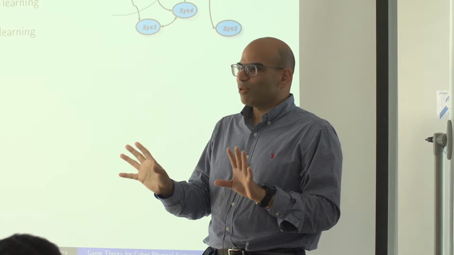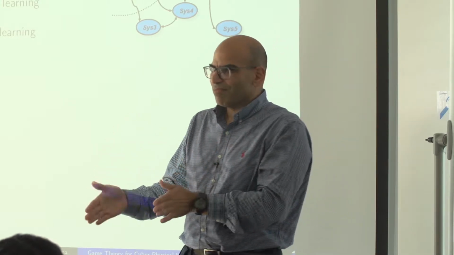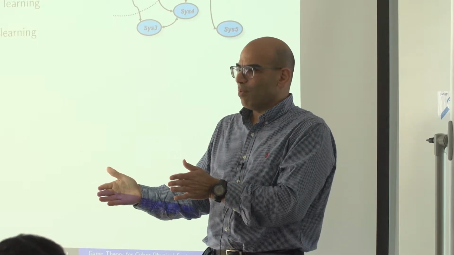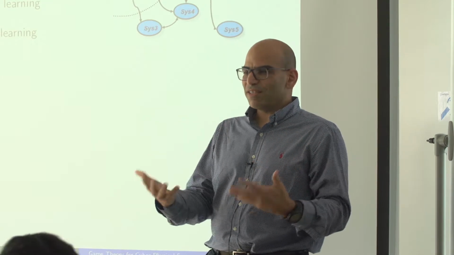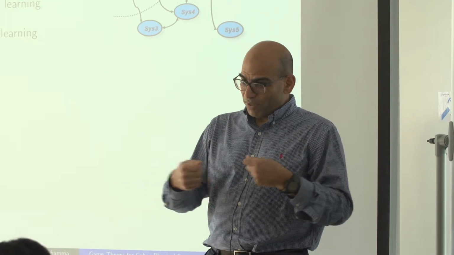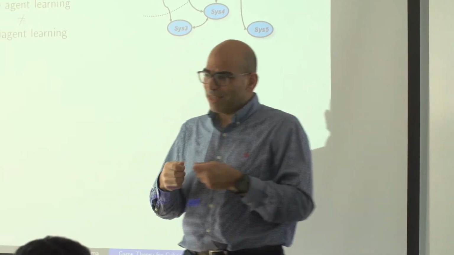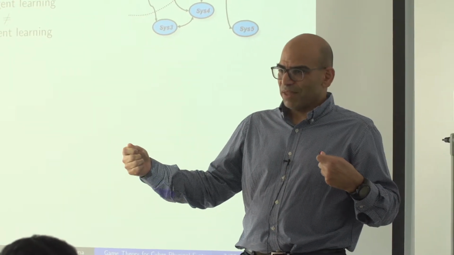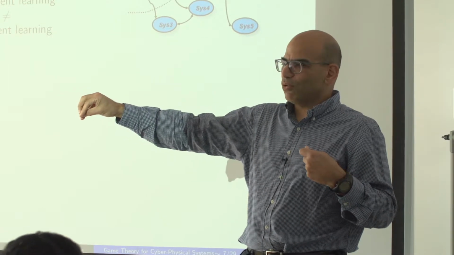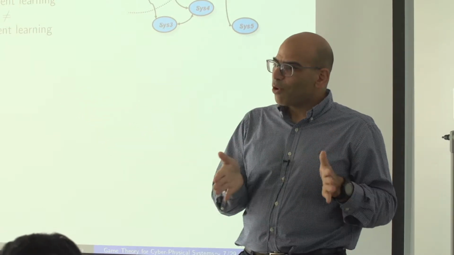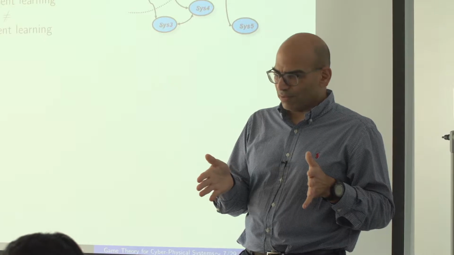Maybe there's some statistical variations, but the outcome is the same. Why? Because I'm learning in a stationary environment. So over time, by doing various experiments, I can figure out how to best engage the environment and then figure out what's the best thing to do in the long run. But that requires a stationary environment, okay?